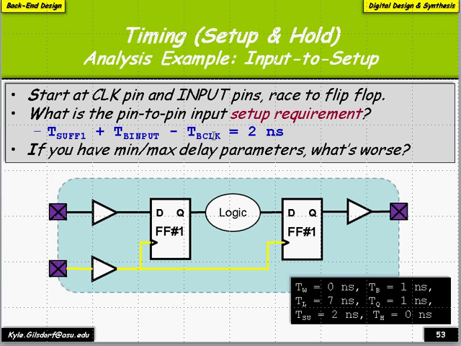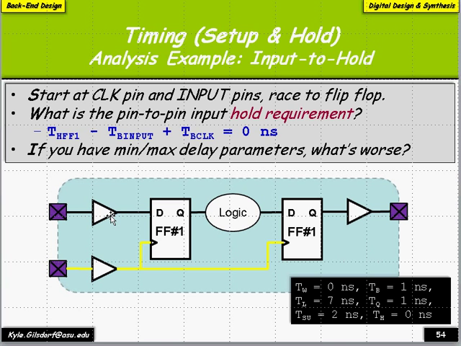And our clock will be skewed less. So it kind of works in our favor. We would end up with a smaller setup requirement, which means we could hit a faster clock frequency. So we're probably more concerned about max, because as we increase these delays, our setup requirement becomes larger.